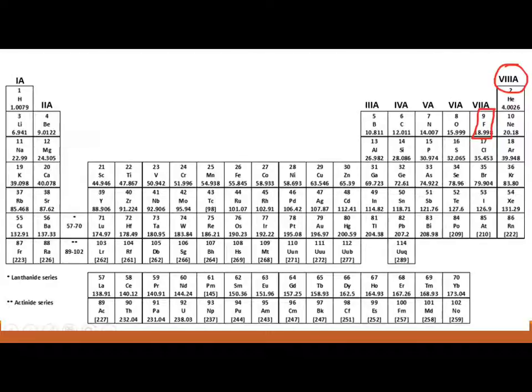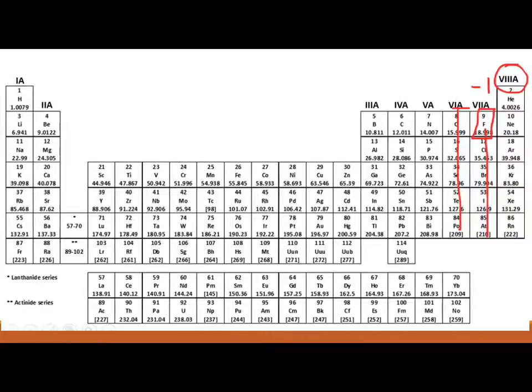By gaining 1 electron, it ends up having a -1 charge. So all of these guys in column 7A, the halogens, all like to form a -1 charge when they form an anion. Okay, what about column 6A? Well, all of these have 6 valence electrons. They want 8, so what are they going to do?